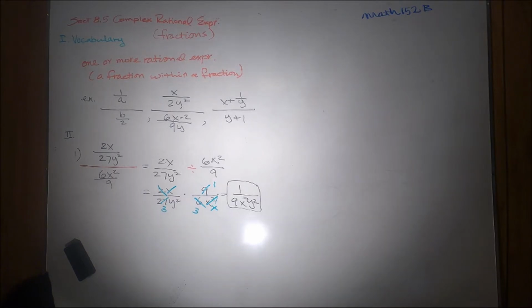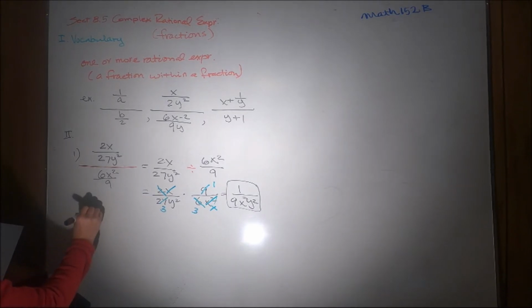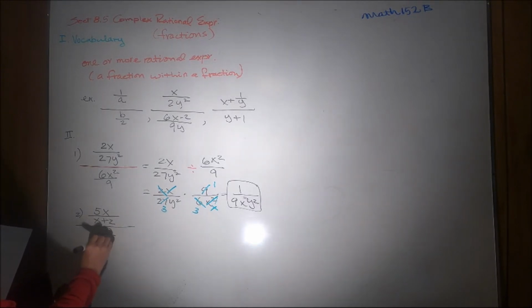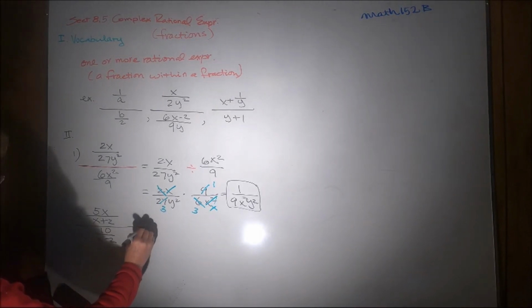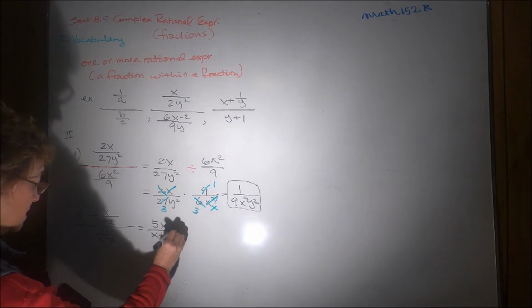Right? So if we have the second one, 5x over x plus 2 divided by 10 over x minus 2, right? So what do we do? We rewrite it as what? A division.